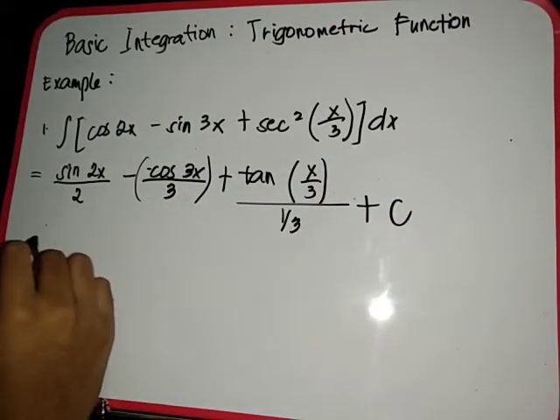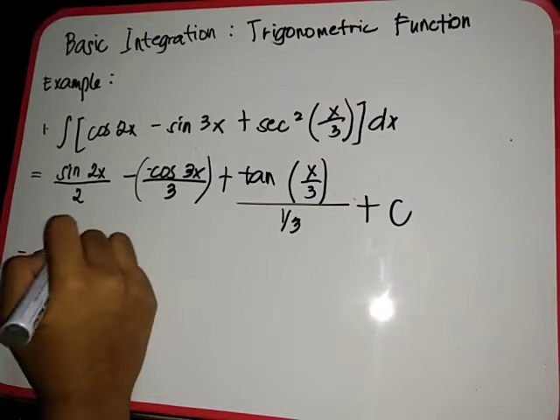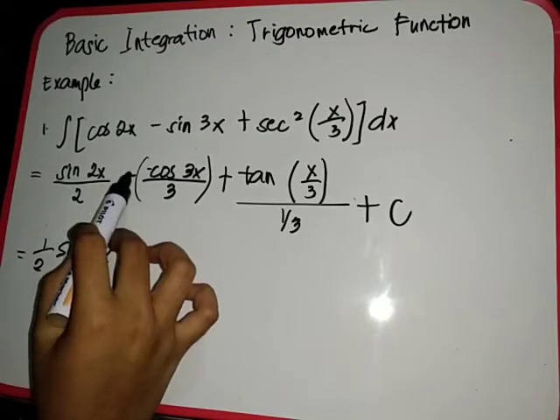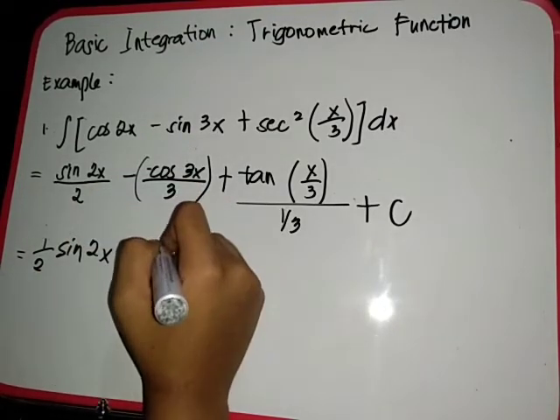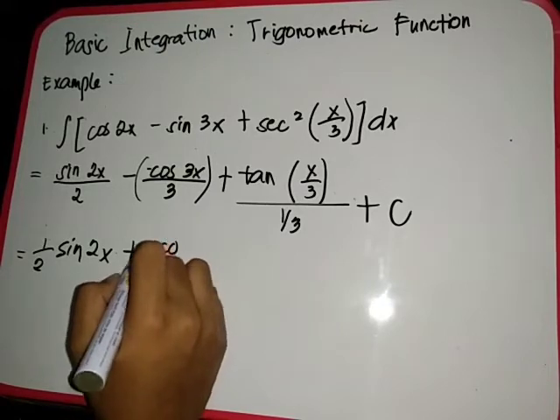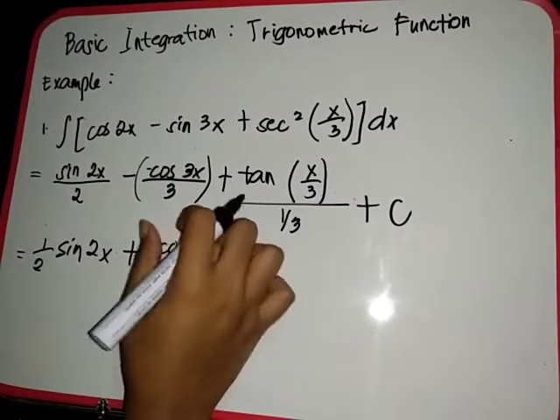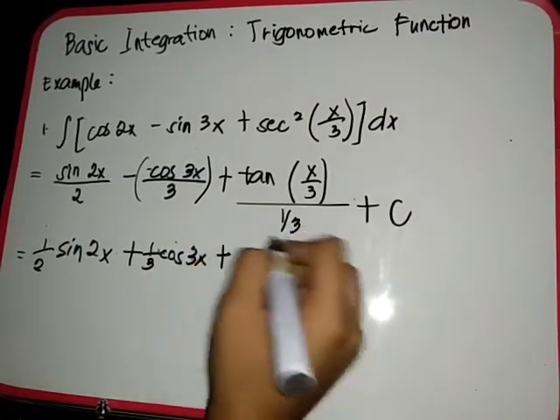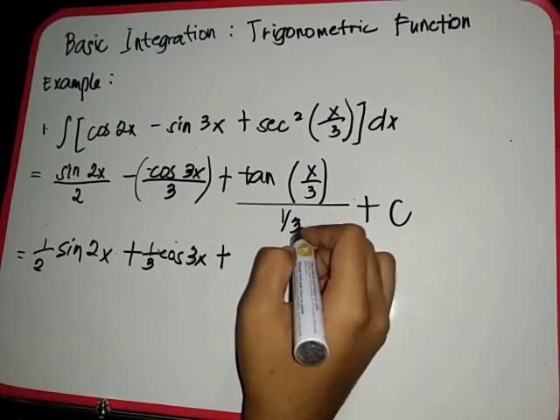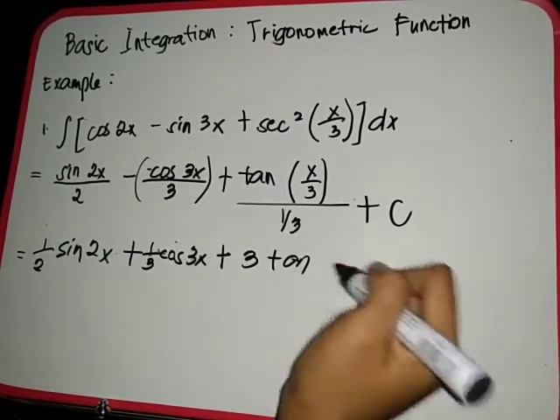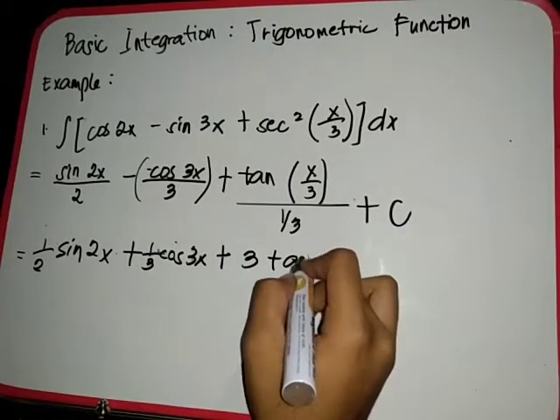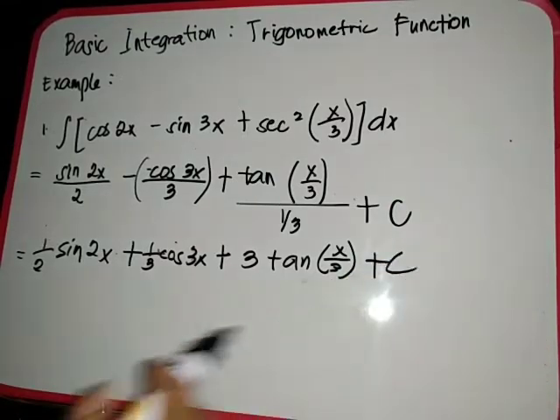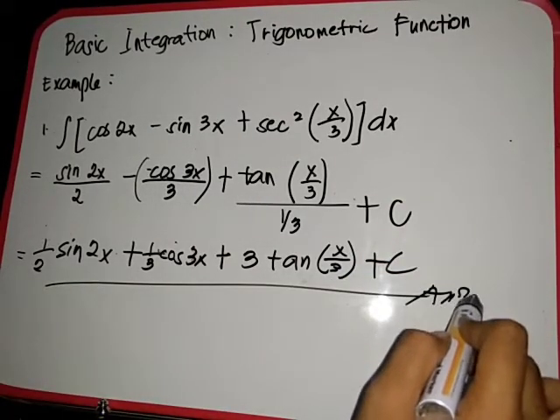So we can write it as 1/2 sine 2x minus, or it can be negative times negative, that is positive, 1/3 cosine 3x plus 3 tangent x over 3 plus c. And this is the final answer.